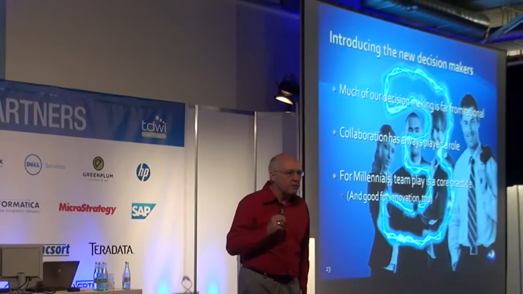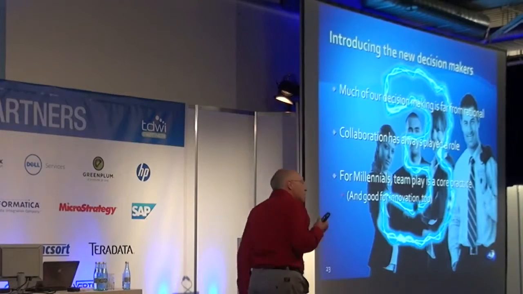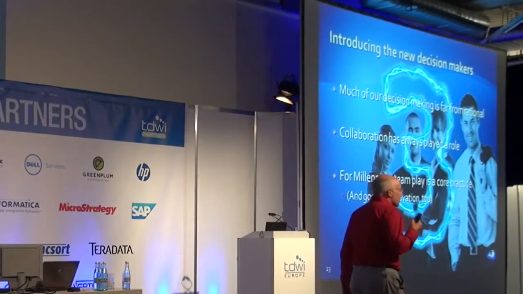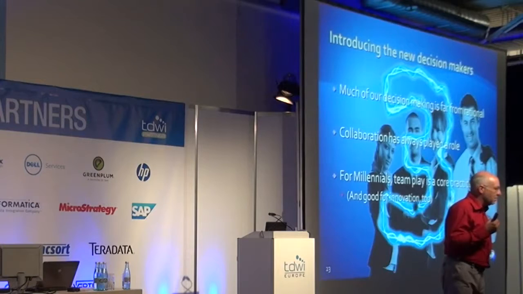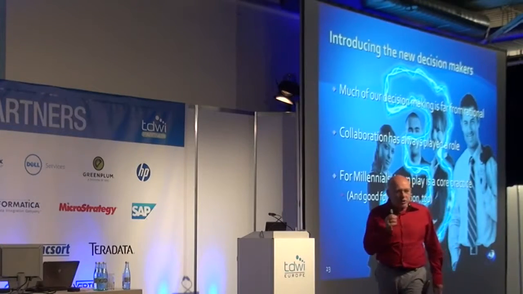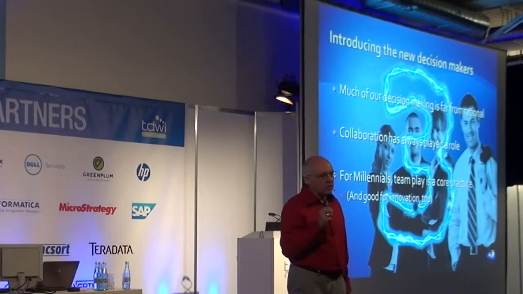Often BI systems are used to post-justify and rationalize decisions that have already been taken. Sometimes they're used to justify, to hide something that actually we don't want people to see. So there's all sorts of irrational stuff that goes into decision making.